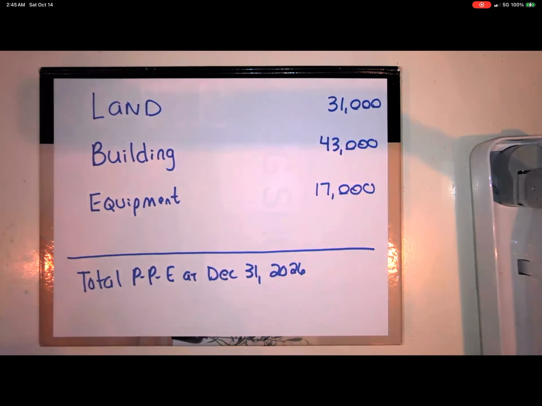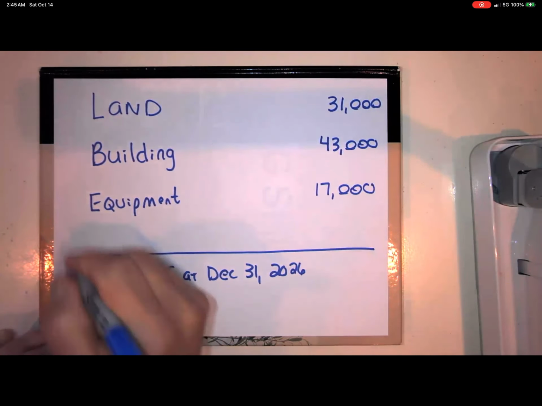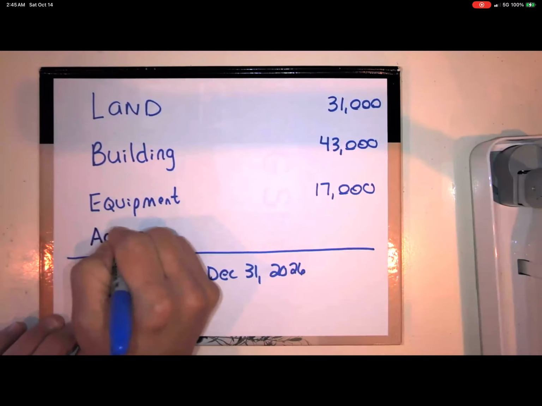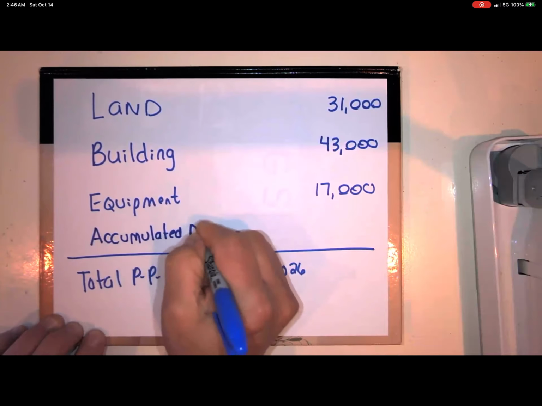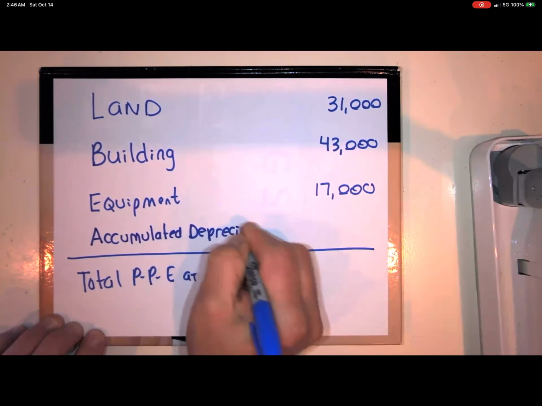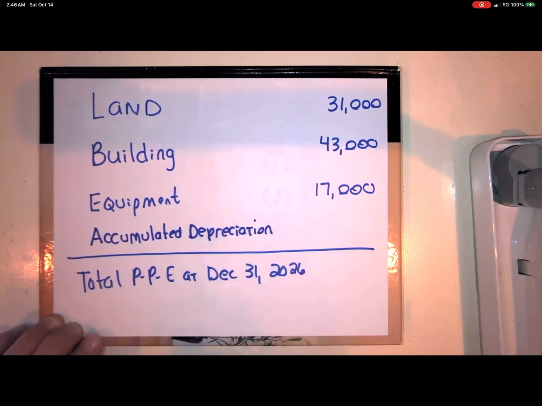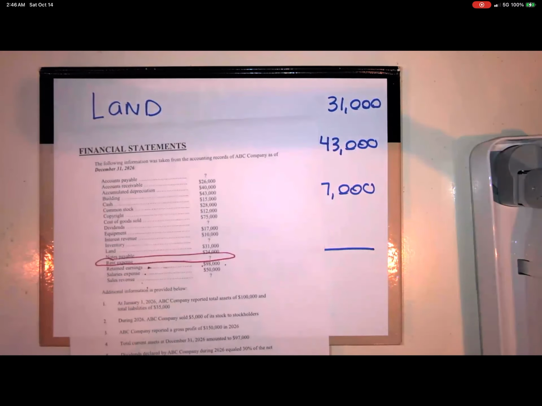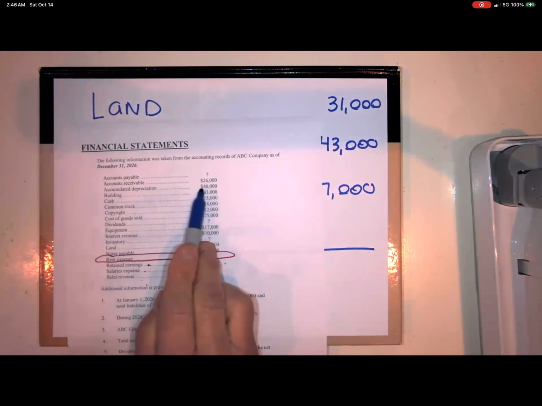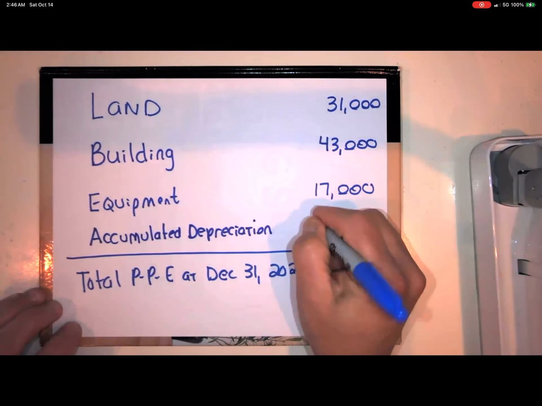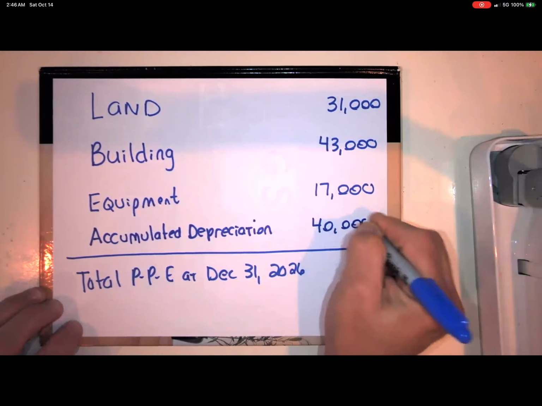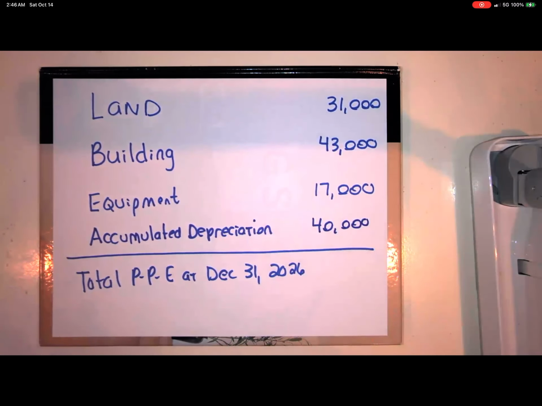The hard part, the part that folks will forget, is that as part of the PP&E, we also include this thing called our accumulated depreciation. And you can see the accumulated depreciation right here, $40,000. But he told you something really important.